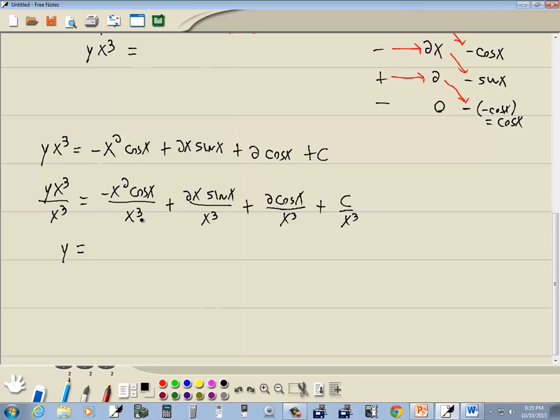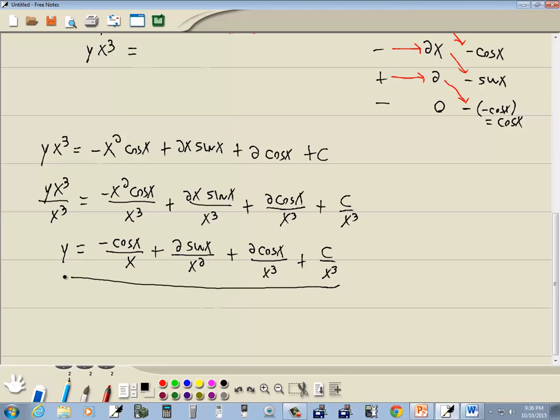This x squared cancels with two of these, so that gives us negative cosine x over x. Plus, this x cancels with one of those, so that gives us 2 sine x over x squared. Plus 2 cosine x over x to the third. Plus c over x to the third. And that would be our answer.